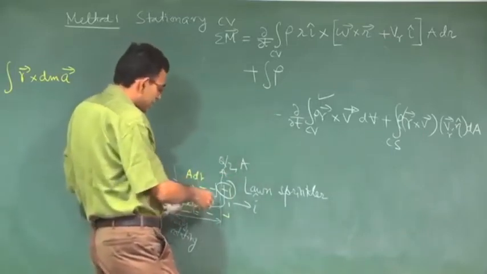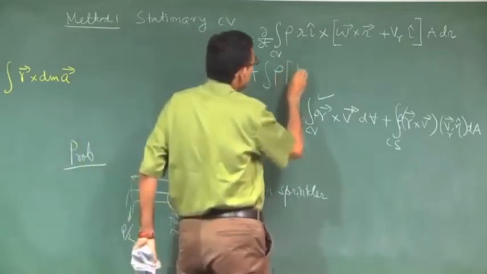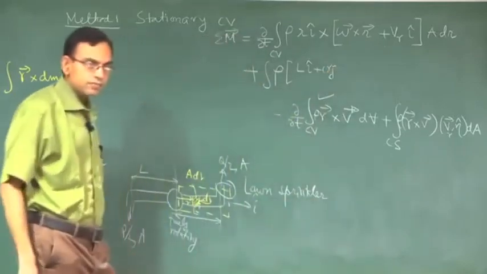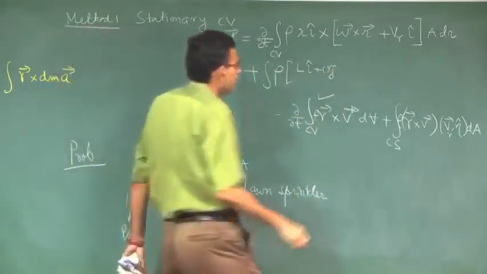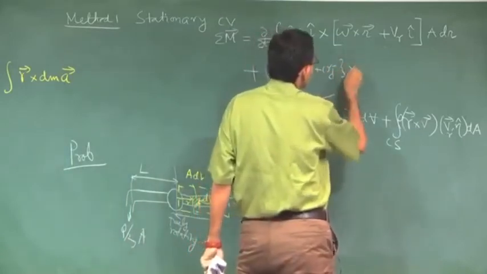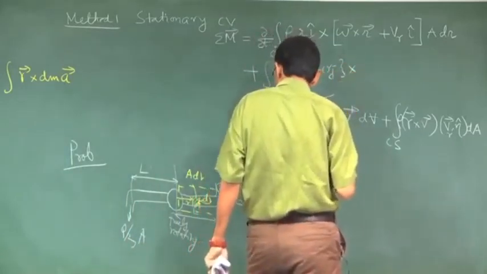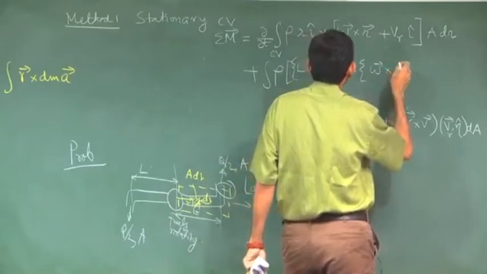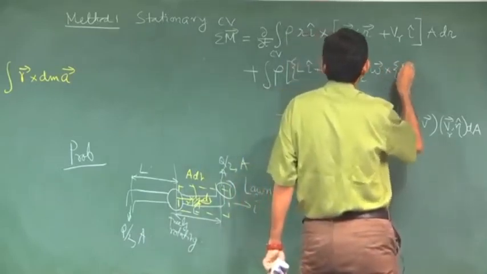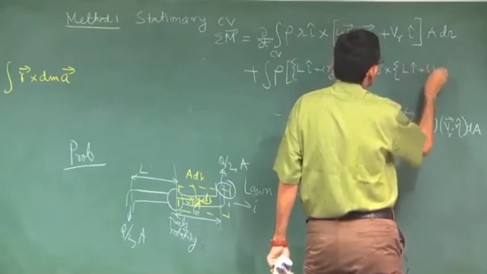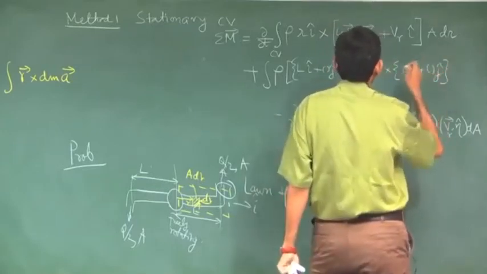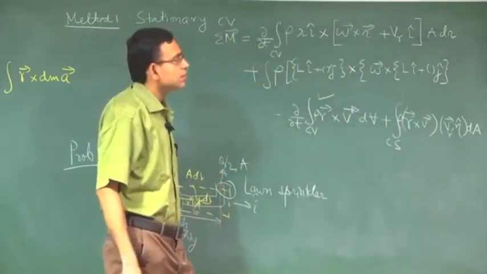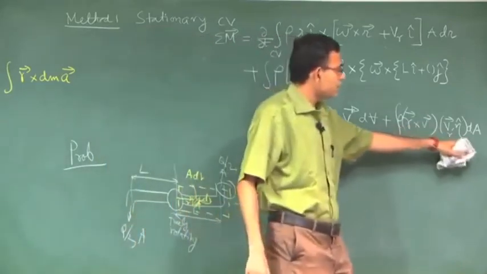So its r is Li plus some little bit of amount j, right, cross v. V is then Vr dot eta dA.